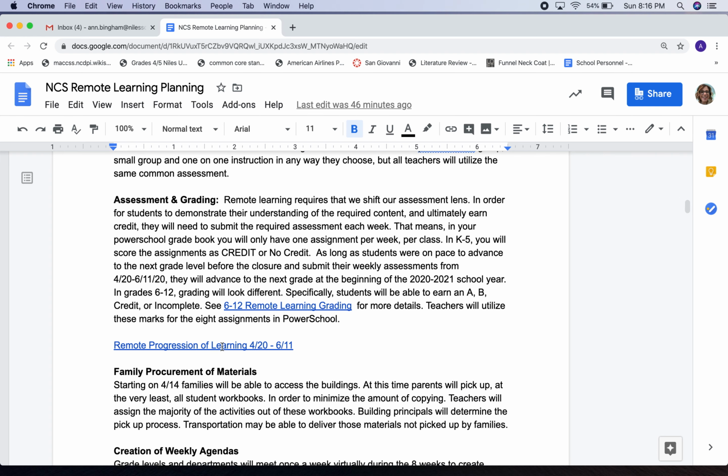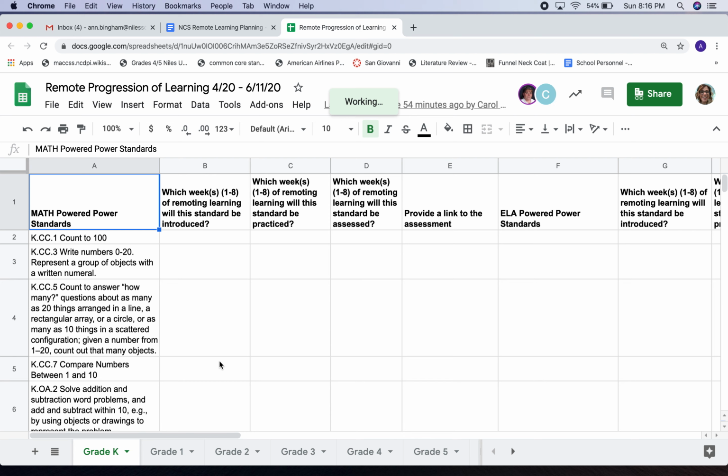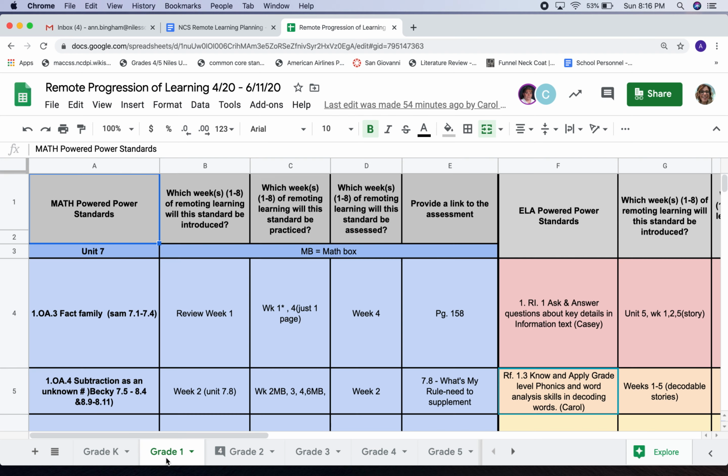And for my K-8 friends, where you're going to be documenting that critical content is in this spreadsheet. And I've noticed that some of you were able to really power through some things on Friday. You thought through what it is that you wanted to focus on.